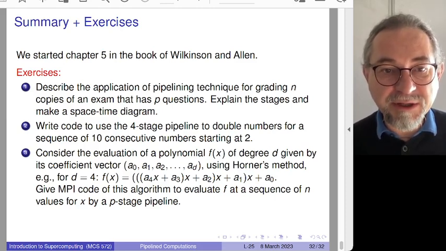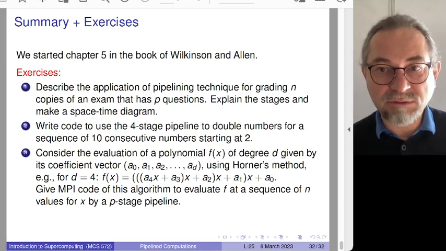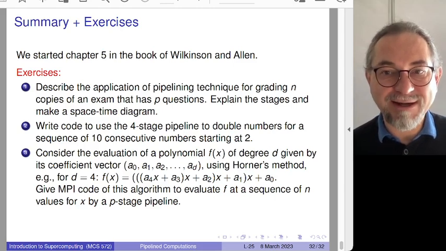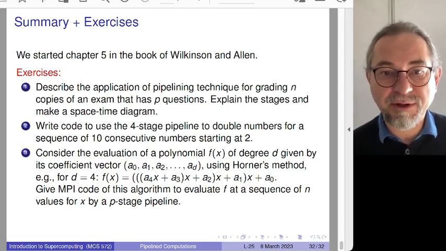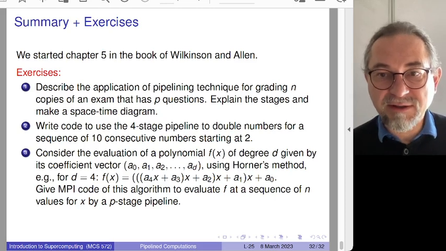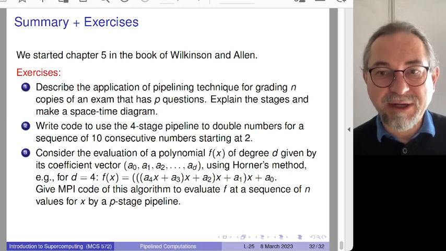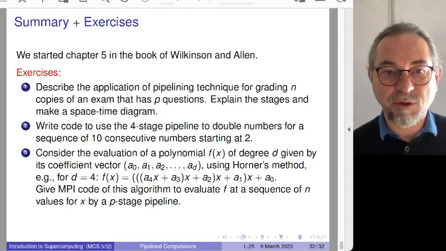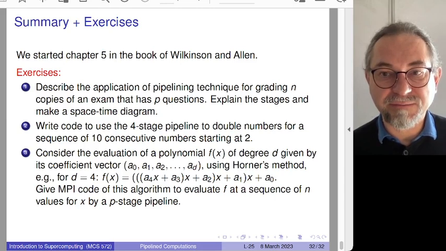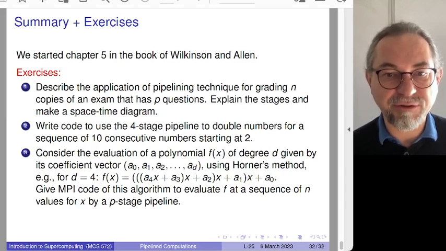So we've seen the doubling of a number for one number. I was introducing the ring topology in that way. Do this with doubling the numbers for 10 consecutive numbers. Doubling is a very trivial application. It's just shifting of bits. But again, you could think about a more computing-intensive operation where you would replace this by a complicated function, when you would do numerical integration, for example.